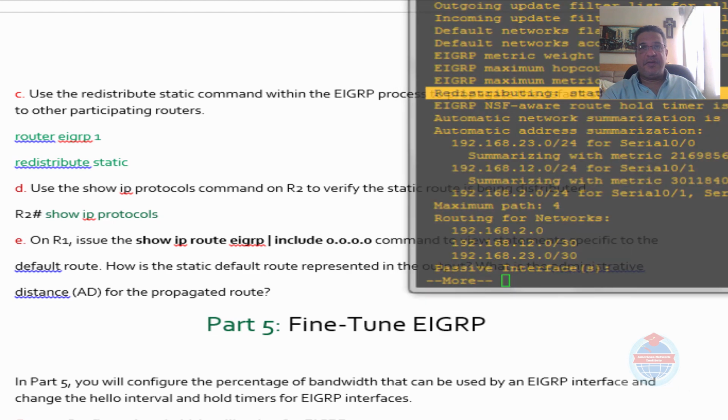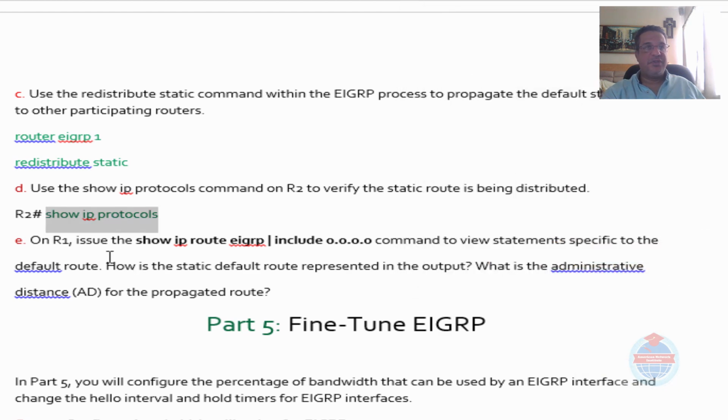So for the next part of the exercise, on R1, issue the show ip route eigrp command to view the statement specific to the default route. How is the static default route represented in the output? What is the administrative distance for the propagated route?